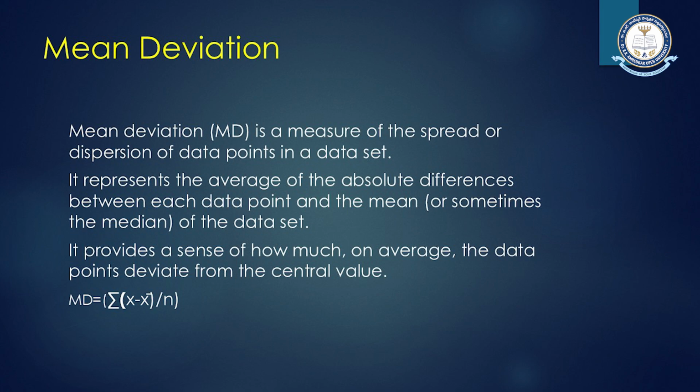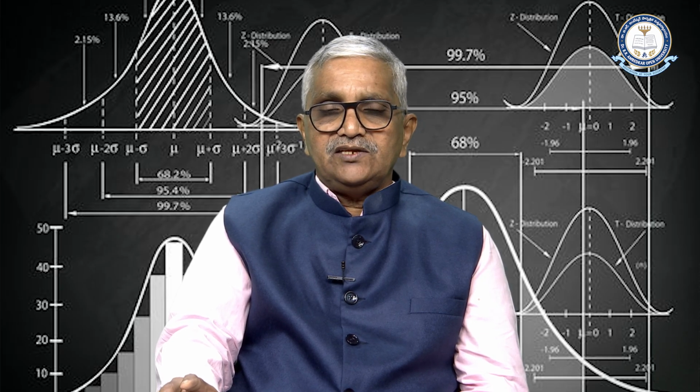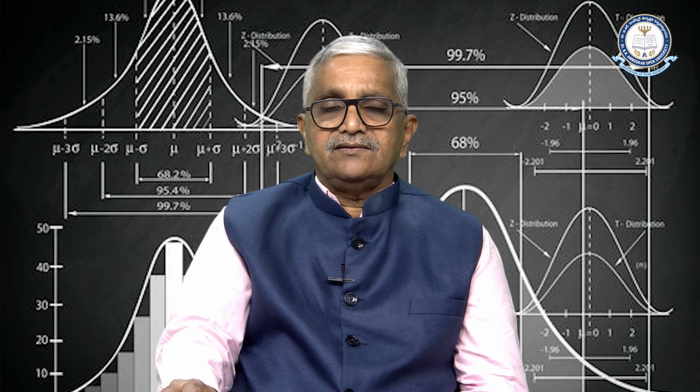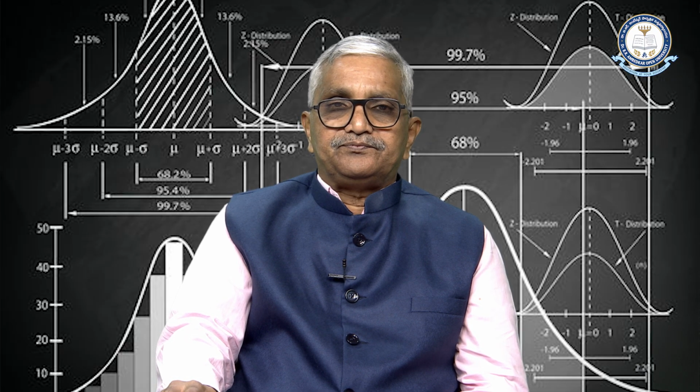Mean deviation is equal to sigma |x minus x bar| divided by n. Here x minus x bar means that from each value of the data set we subtract the mean, and we add the differences by ignoring signs. So we put parallel bars, the absolute value, around the differences and divide by n.